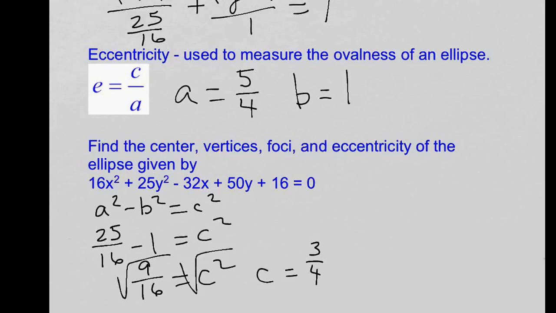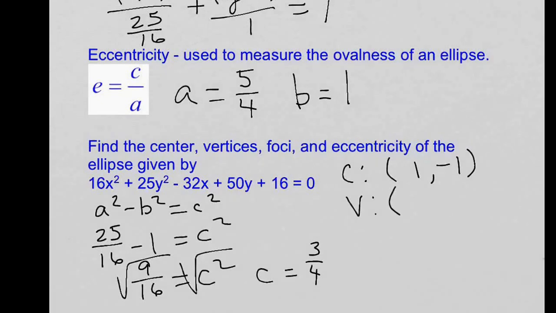Okay, so to find my center, I look at my H and K, so the center is going to be 1, -1. My vertices are going to be adding and subtracting A to the X coordinate. So that's going to be 1 plus 5/4, which is 9/4, and -1, and subtracting 5/4, which gives me -1/4 and -1.